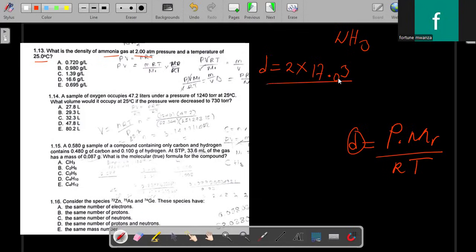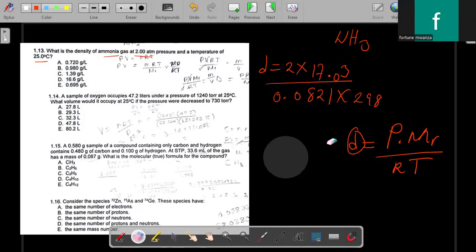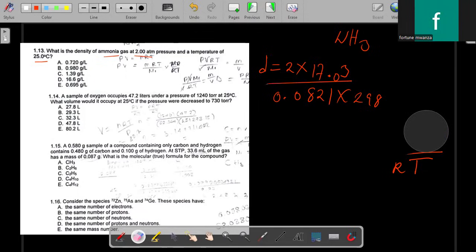Then I divide by the gas constant, 0.0821, times the temperature, which is 25 degrees Celsius, also 298 Kelvin. So I get 2 times 17.03, then I divide by the product of 0.0821 by 298.